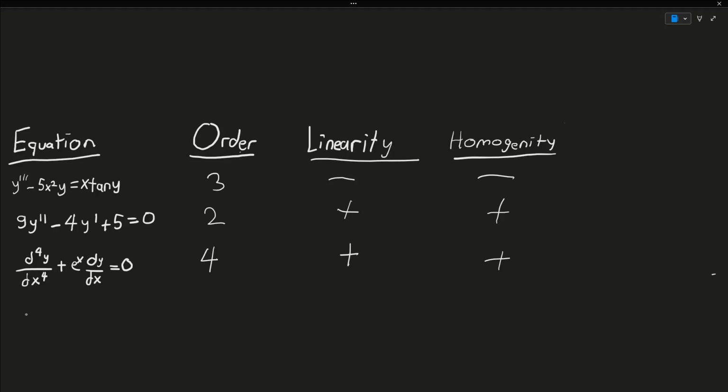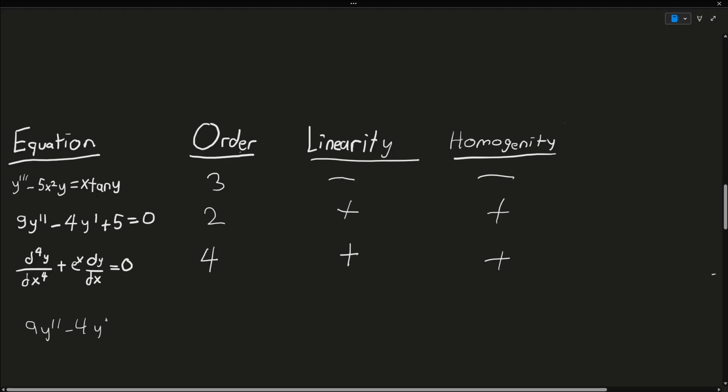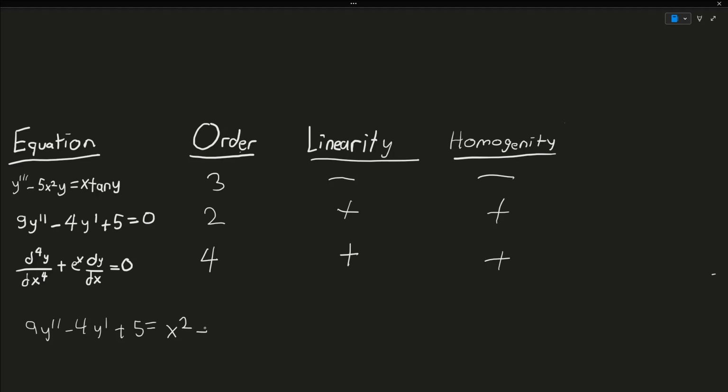Let me ask you one question about homogeneity over here. I want to use the same derivative, the same function I had before, and let's set this equal to x squared plus x minus 1.